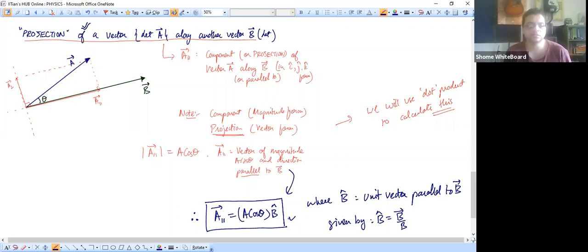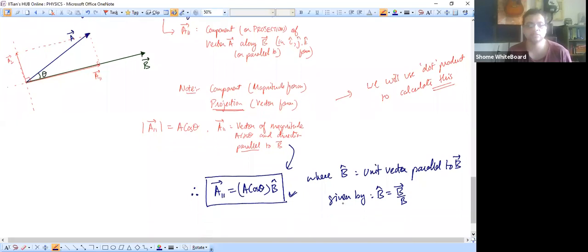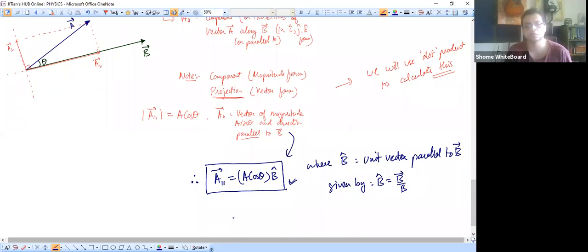Okay, but now how to calculate A cos theta? Next let us look at that. Where B cap is this, and A cos theta can be calculated from the simple formula A dot B divided by magnitude of B, since we know that A dot B by definition is AB cos theta.